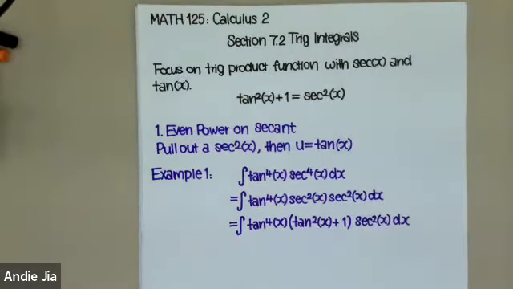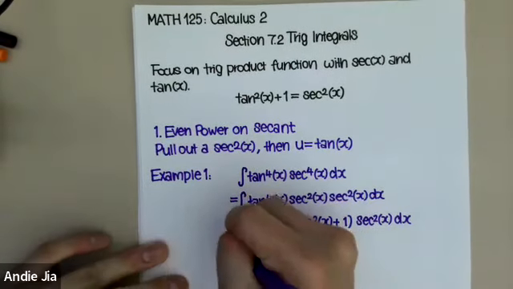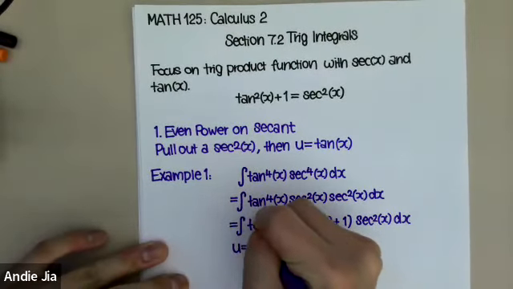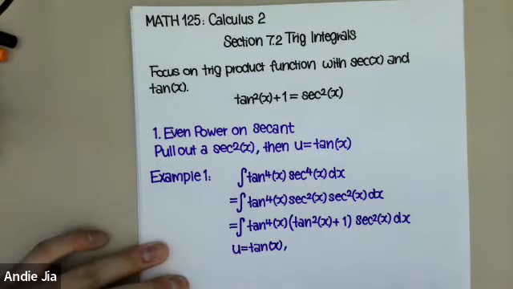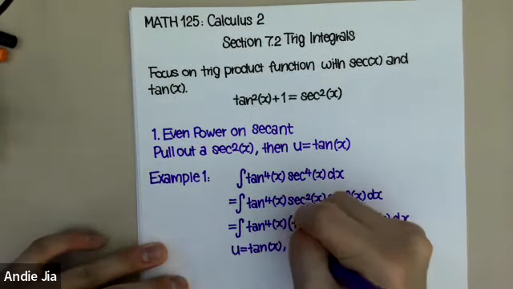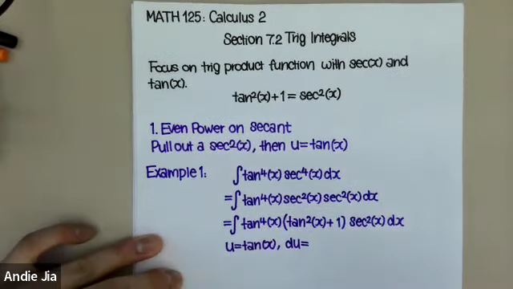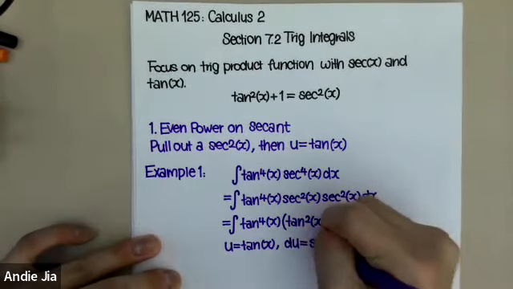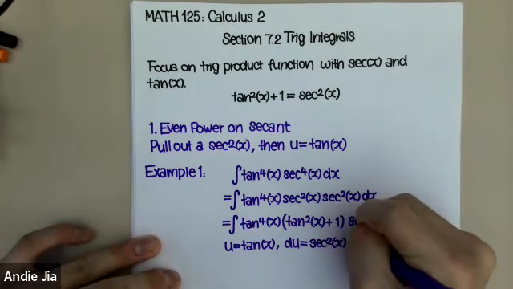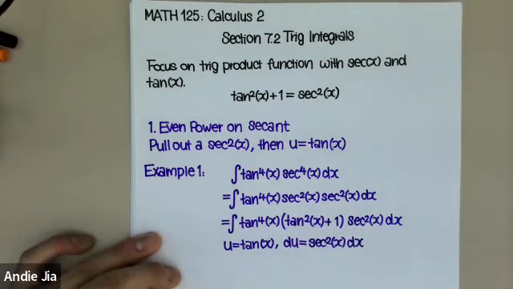In this case, it's more like a u substitution. We let u equal tangent of x, then du is secant squared of x dx. Now we construct a new integral where the secant squared is cancelled, and we write all terms in terms of u.